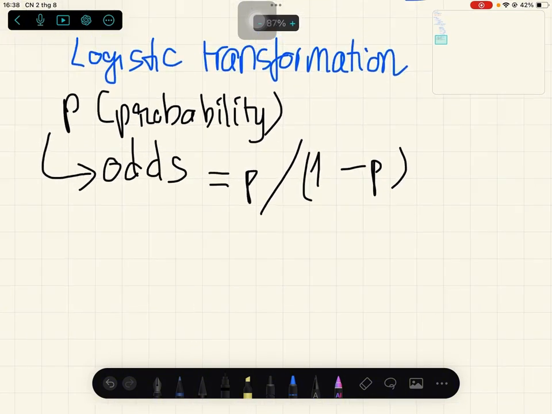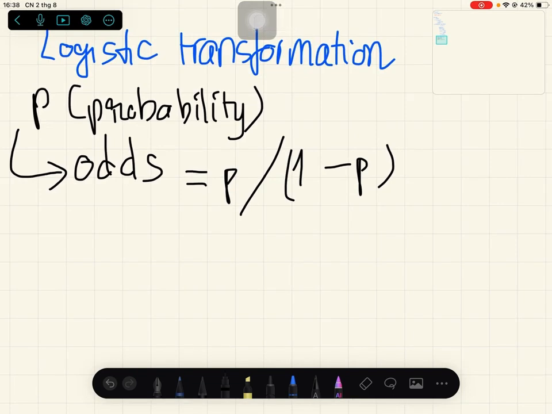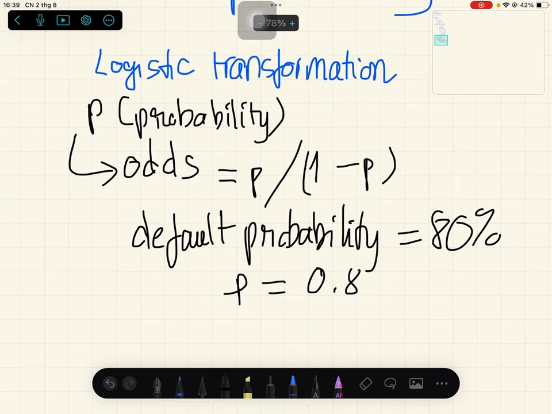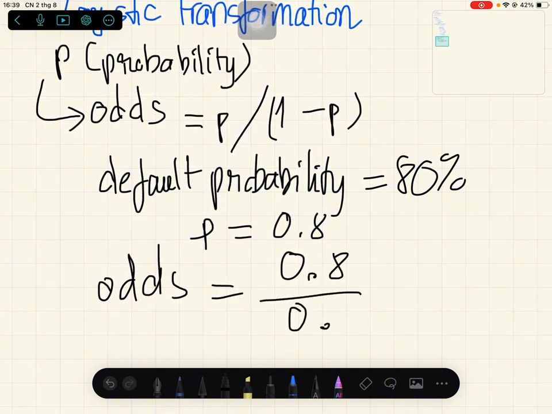For example, suppose default probability is 80%. That means p equals 0.8. So odds equal 0.8 divided by 0.2, which equals 4.